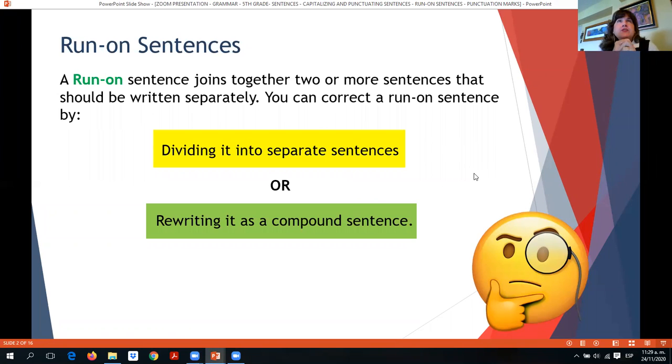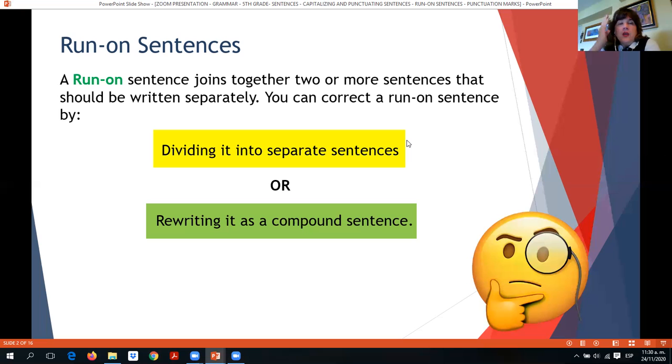Remember that a compound sentence is a sentence that has two simple sentences joined by a comma and the word and or but. So we have these two methods for correcting run-on sentences. When you do this, remember that if, for example, you divide them into separate sentences, you always need to start a new sentence with a capital letter and end it with a period.